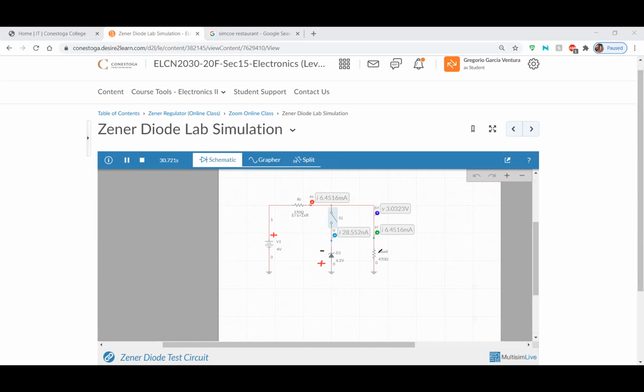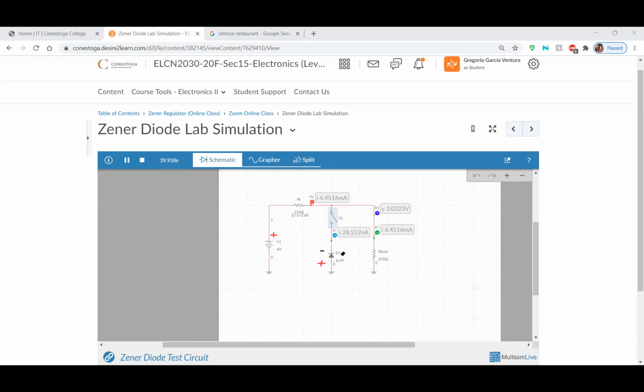Any loads connected in parallel will always have the same voltage. So in the case of the Zener diode, because it's connected in parallel with the load right here, whatever Zener voltage we have on the Zener diode will also be the voltage we have right at the load.